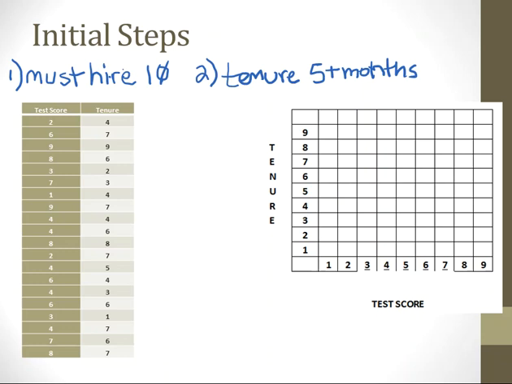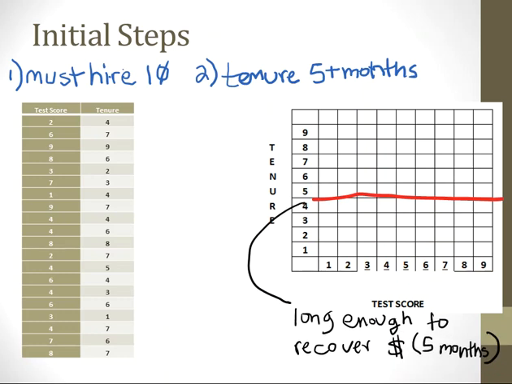We must remember that we must hire 10 people and tenure is 5 months. That is only when we are considered to have a success. This line here represents 5 months that's put on the chart. Again, long enough to recover the money of recruitment and training costs, 5 months tenure.